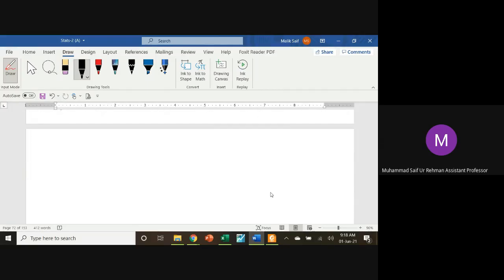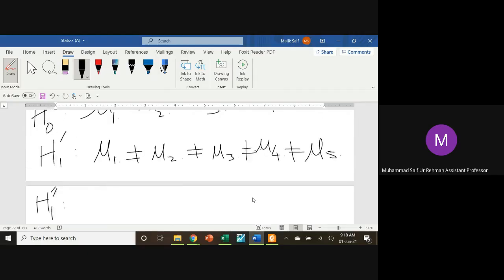Or otherwise, if you are interested in writing it down, and better is that you write it down in form of a statement.